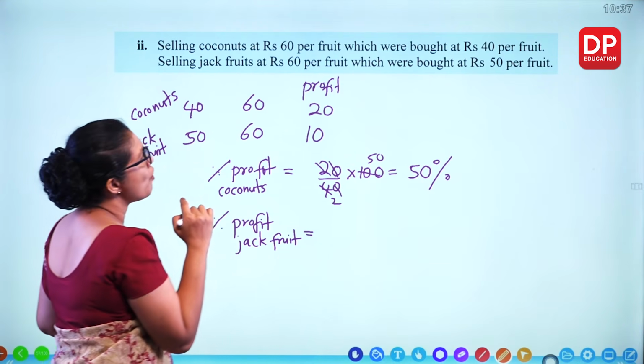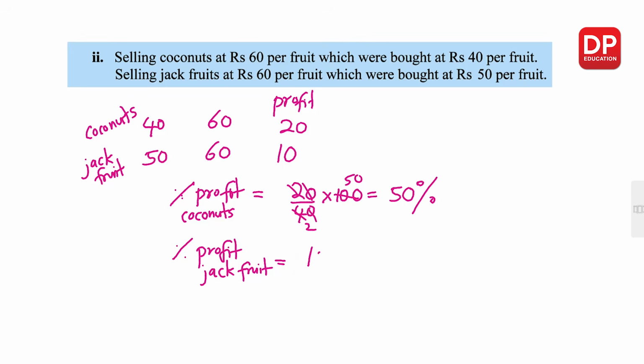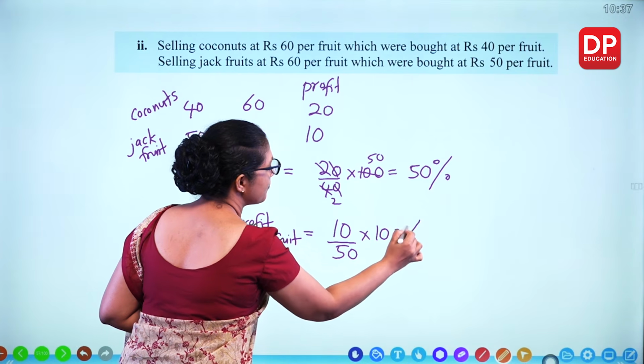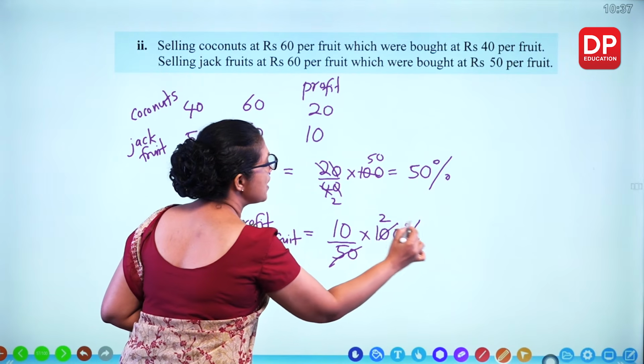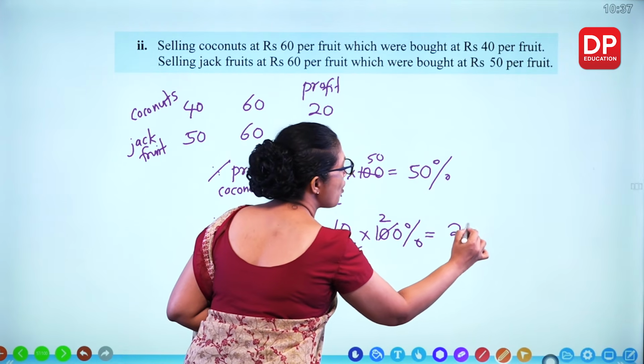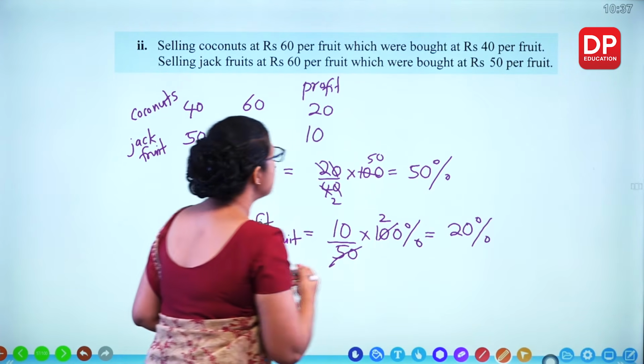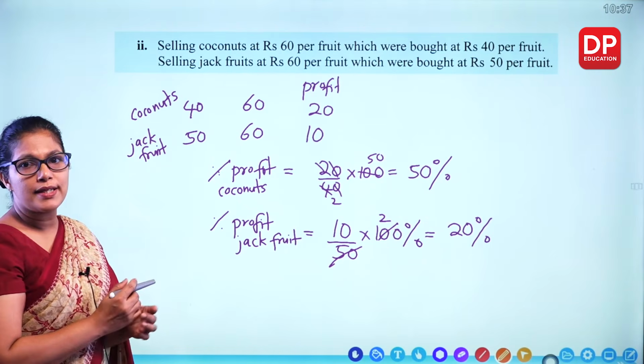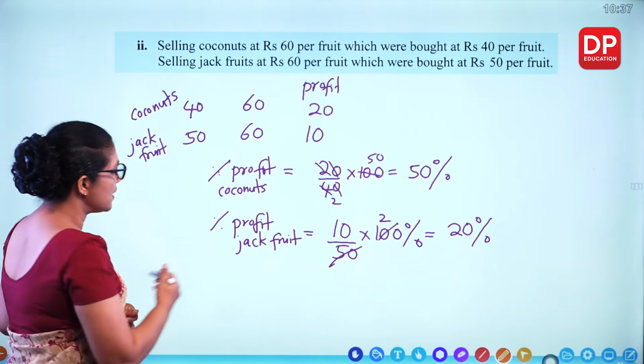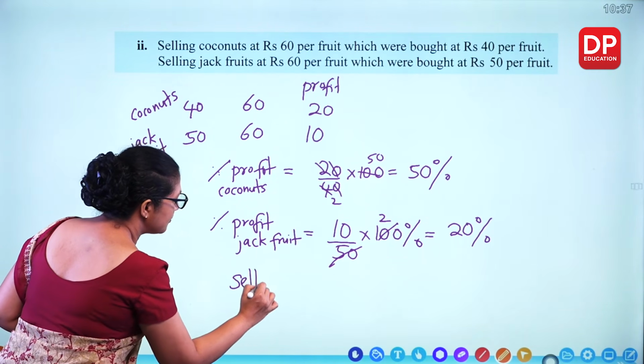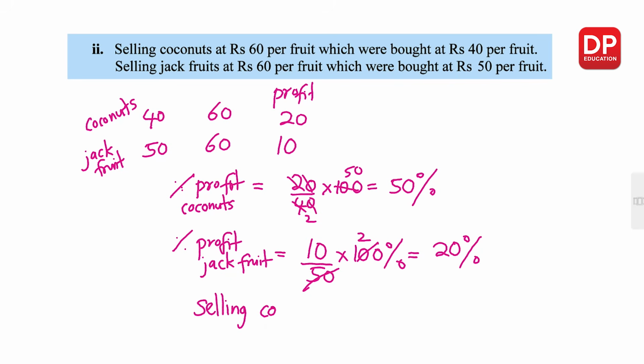What's the percentage profit? 10 rupee profit for 50 rupees into 100. That's 20%. So which one is more profitable? Selling coconuts is more profitable.